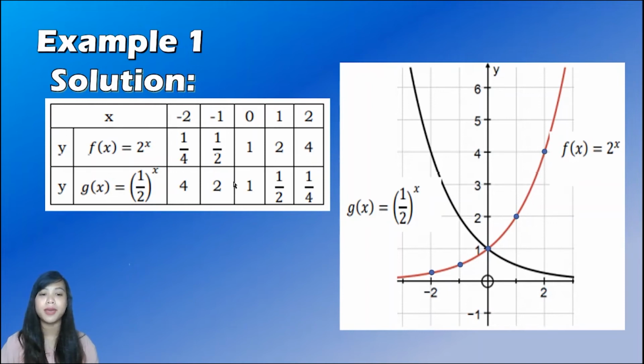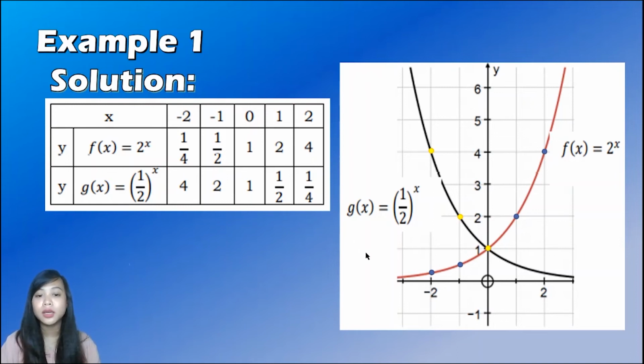For our g of x, we have negative 2 and positive 4 for your y. So this is the dot. So we have negative 1 and positive 2. So this is our dot. So we have 0 for your x and 1 for your y. So this is your dot.